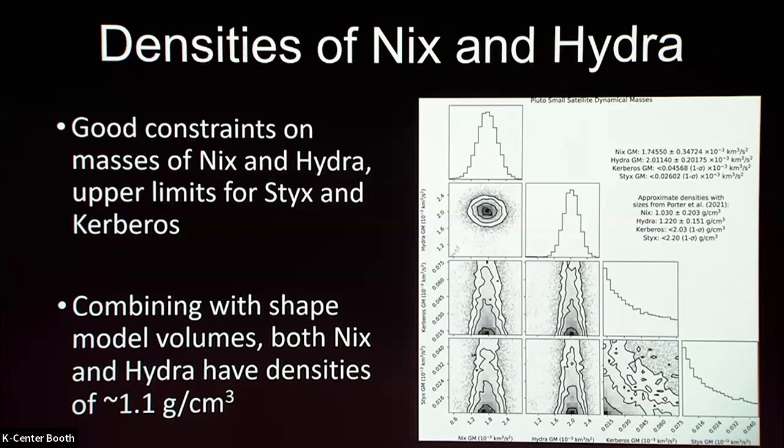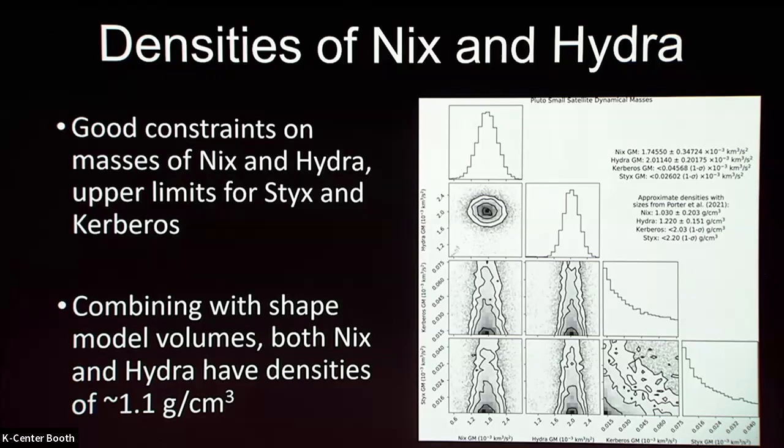And for formation, that's really important because you can't just make these out of pure ice. Even if they were completely solid frozen ice, you can't make densities of 1.2, 1.1. So they have to have some rocky component to them. And because they probably have large amounts of porosity, they probably have significant amounts of rock.